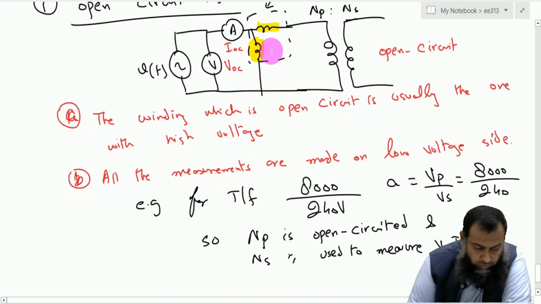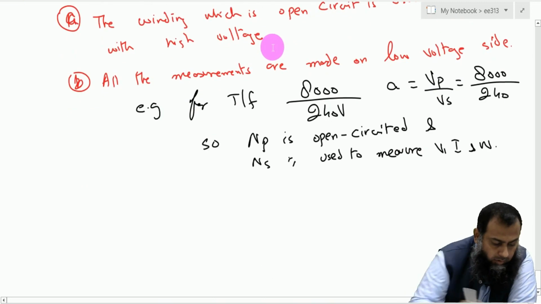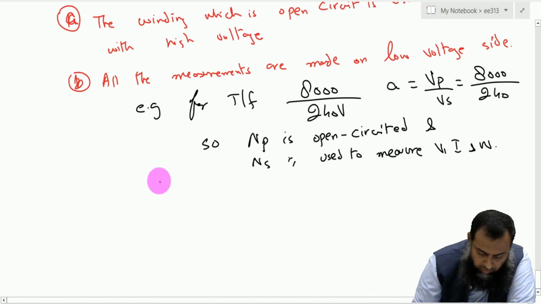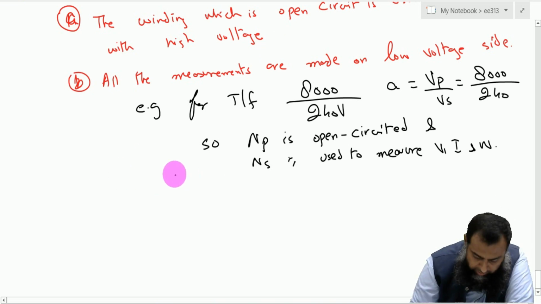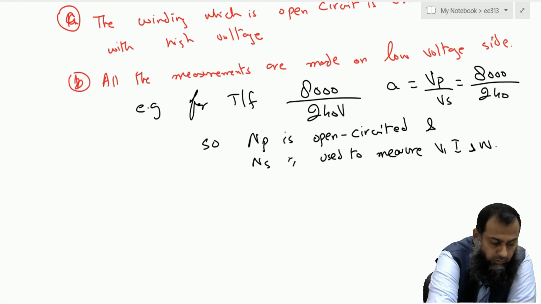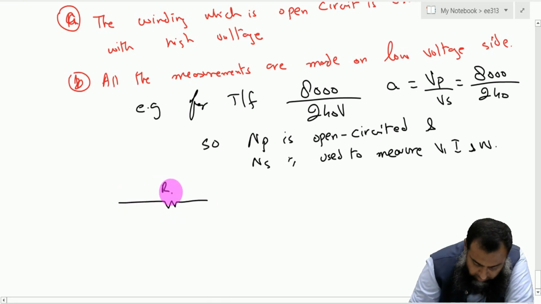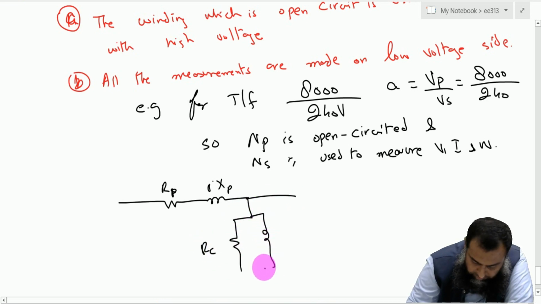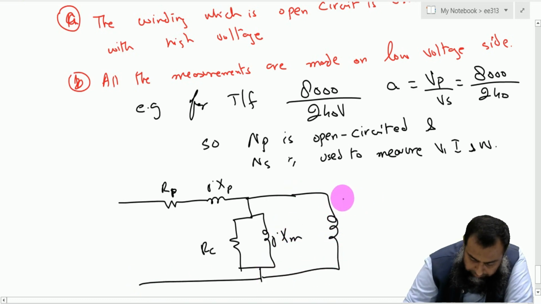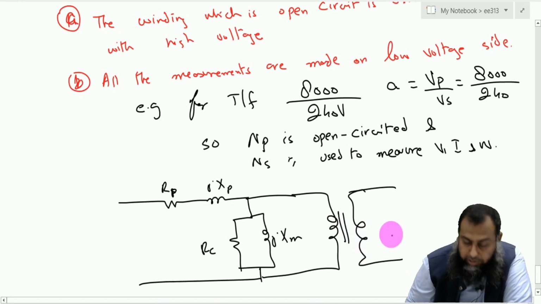Since only the excitation branch is drawing the current, the equivalent model of an open circuit test is something like this. So we have this Rp, this is jXp, just to simplify, and here we have this Rc, and here we have this jXm, and here we have this particular transformer, and here this transformer winding is an open circuit winding, right?